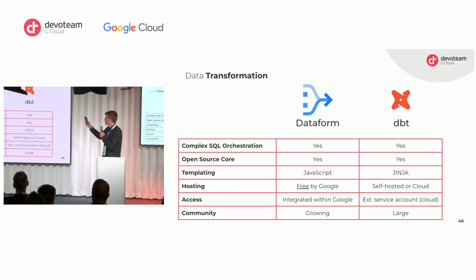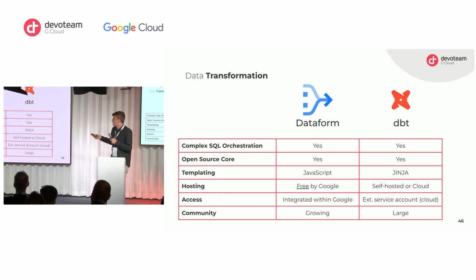You have Dataform and you have dbt. They both have an open source core, so you can deep dive into it and understand how it's working and even extend it. They both allow you to do templating of your SQL and to be able to generate it. Dataform is using JavaScript, dbt is using Jinja.